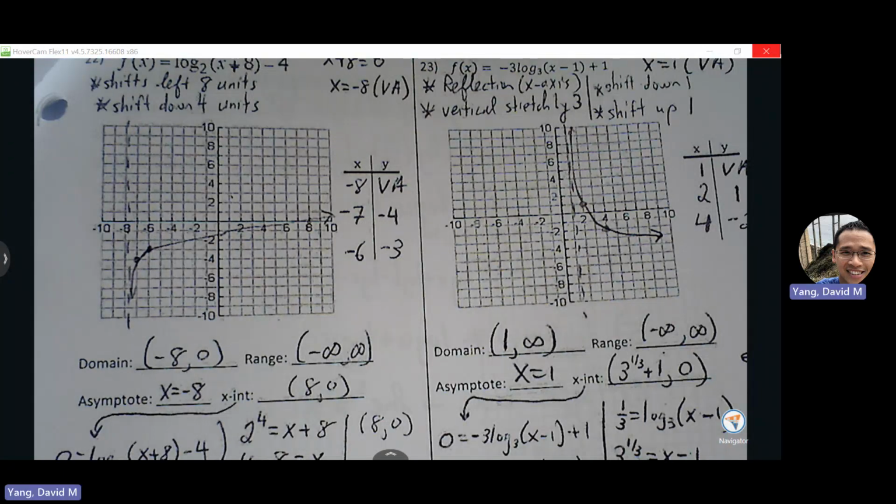Right? If you think about it, an x-intercept always has a y value of 0. So let's say y is equal to log base 4 of x plus 8 minus 6. If I want to find my x-intercept, just replace y with 0.